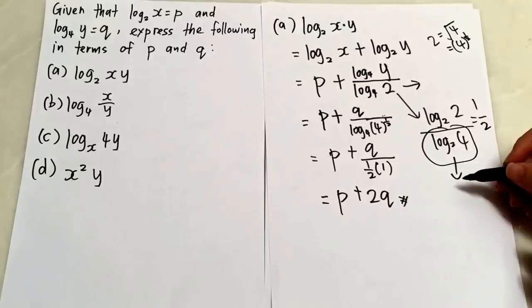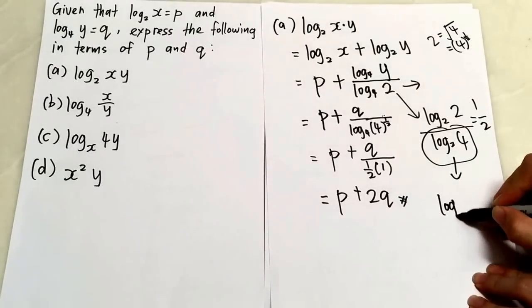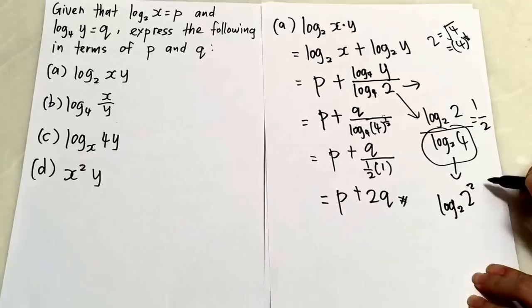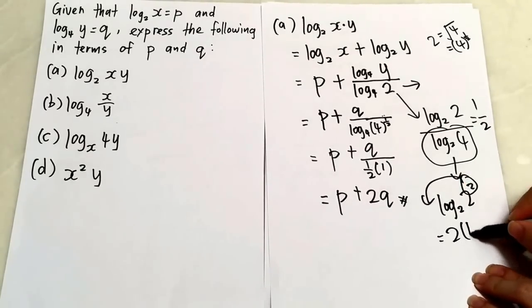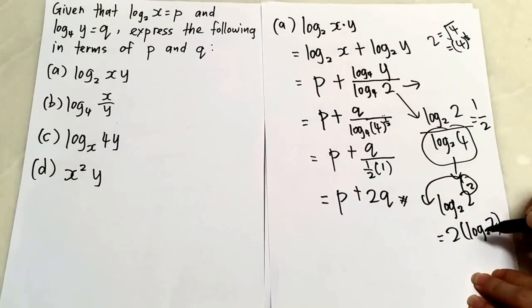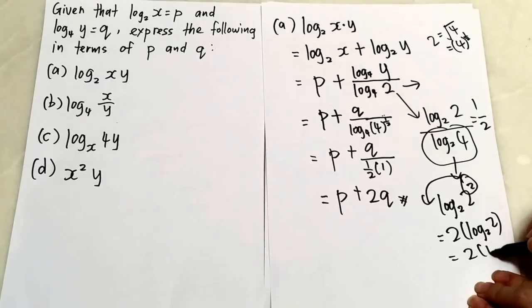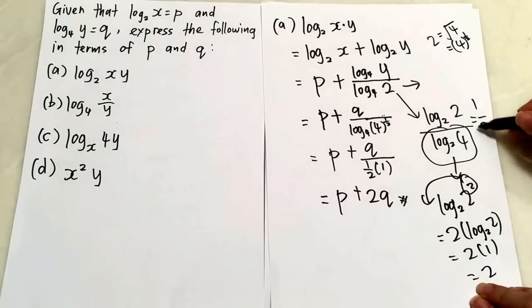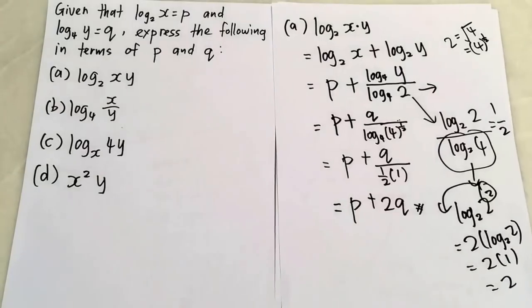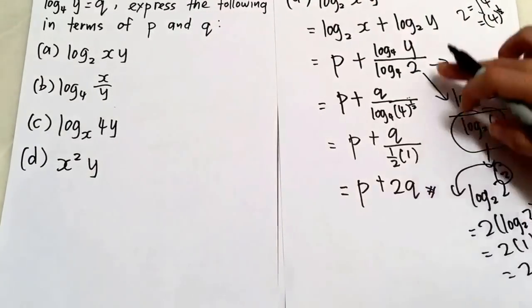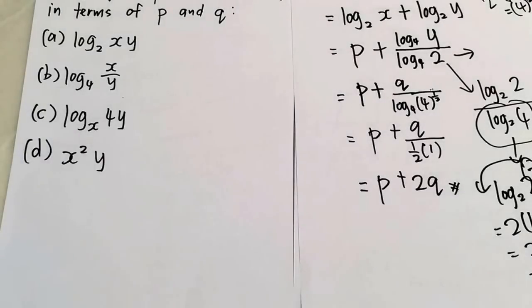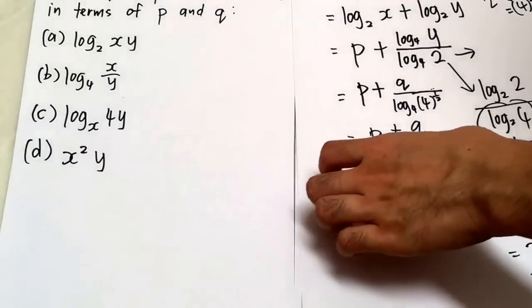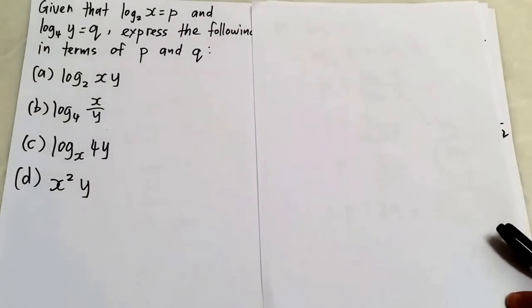Because 4 is 2 to the power of 2. You move the 2 in front, you have 2 multiplied by log 2 of 2, and log 2 of 2 equals 1. So you will get 2. Alright, this is very basic. So this is a proper step, and this is some explanation. I hope this helps you to understand A. Alright, I'm going to go to B.